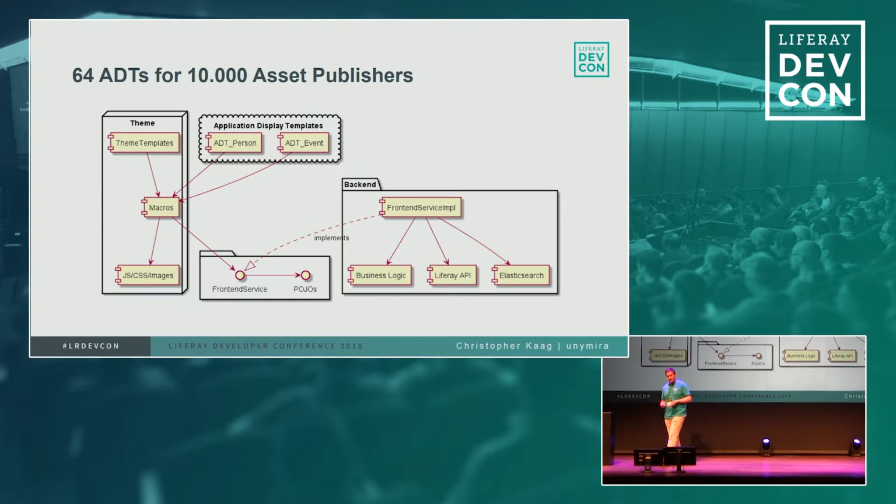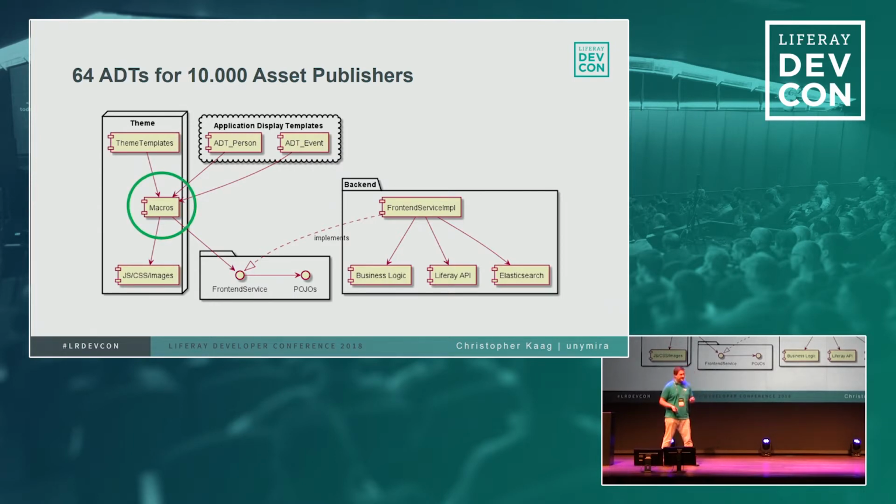And we did end up using 64 application display templates written in FreeMarker to customize the way they actually show data. To manage 64 ADTs and so many asset publishers with a fixed go-live date, you always end up wasting a lot of time on duplicated code you have already written but don't know about.